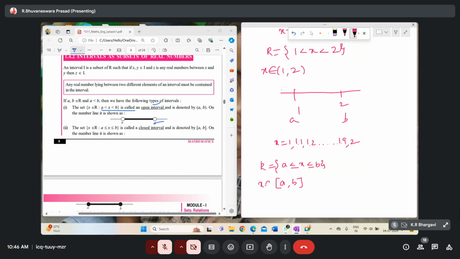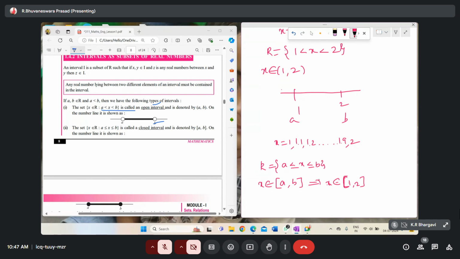Because x values lie between 1 and 2, 1 equal and 2 equal, and lie in between 1 to 2. That's what I have to write here: x belongs to closed interval 1 comma 2. When it is a closed interval, 1 is also equal and 2 is also equal to x.